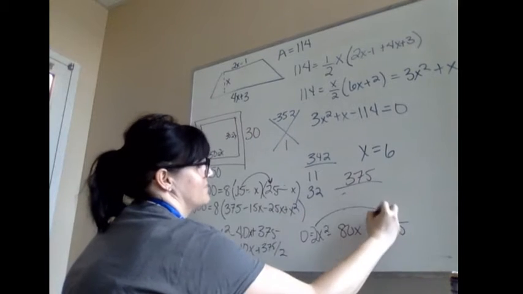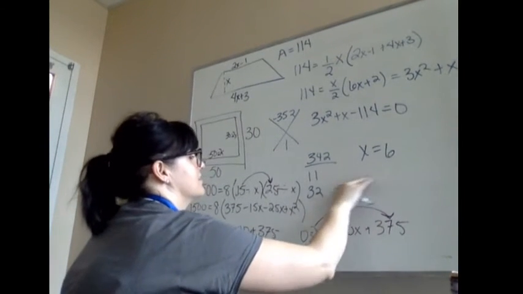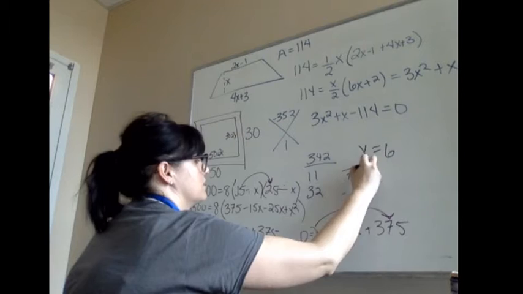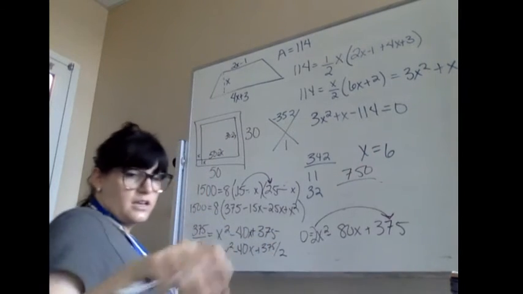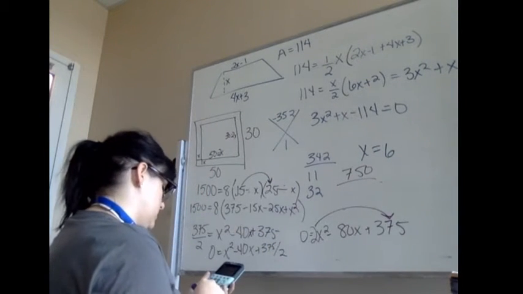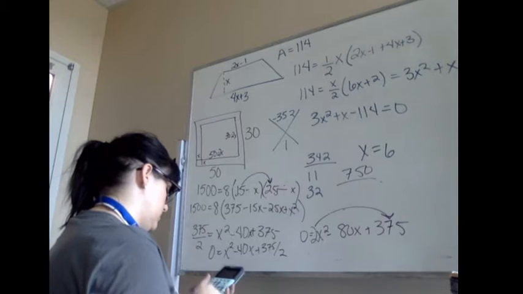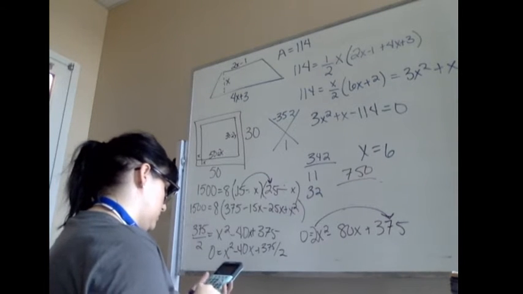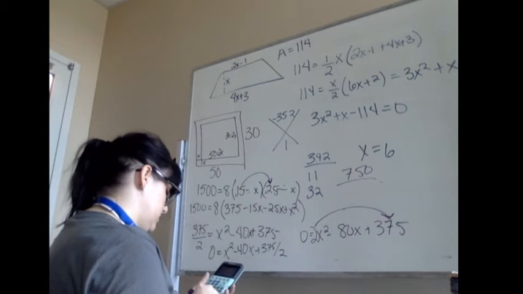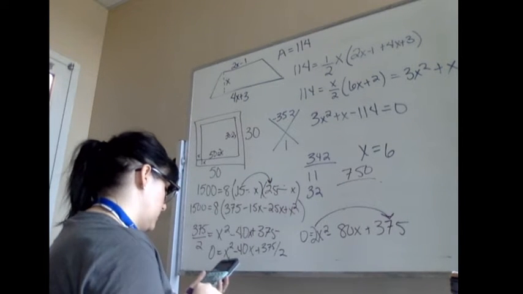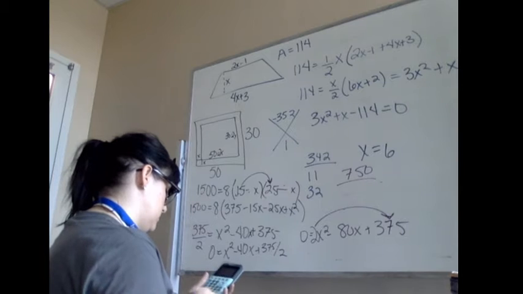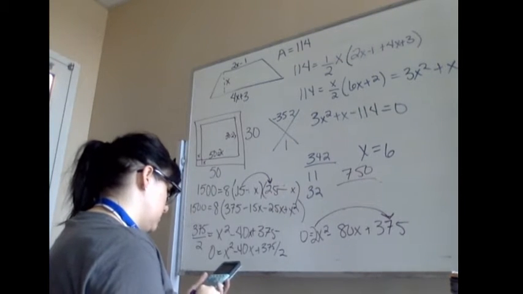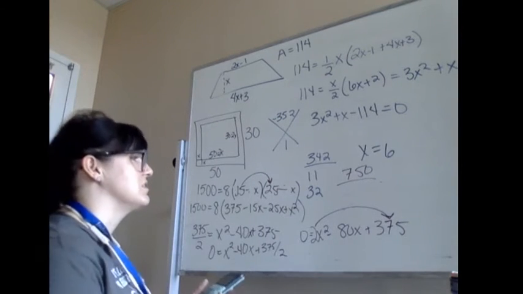I'm factoring 750, and adds to negative 80. So, that's negative 80.